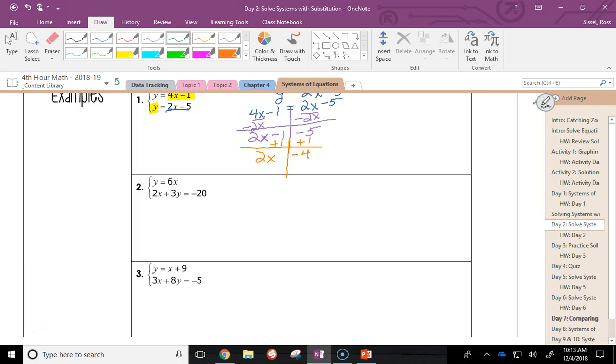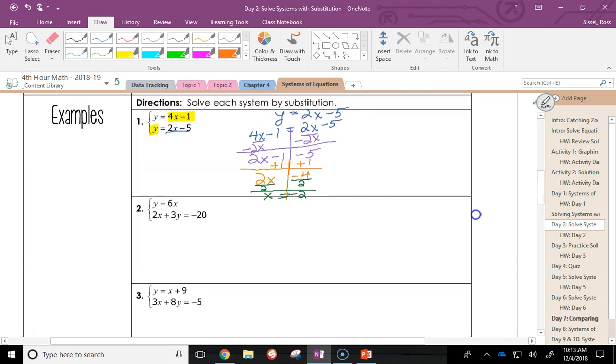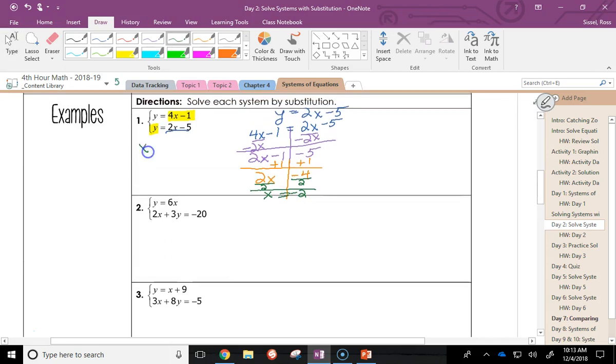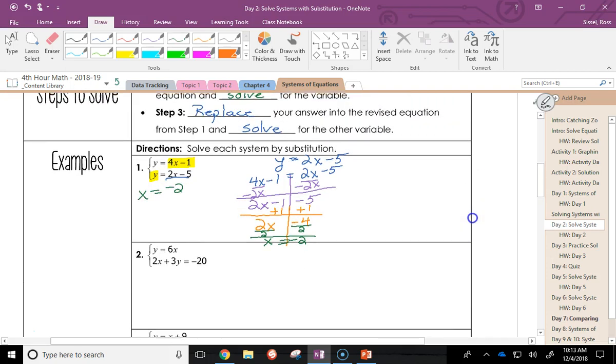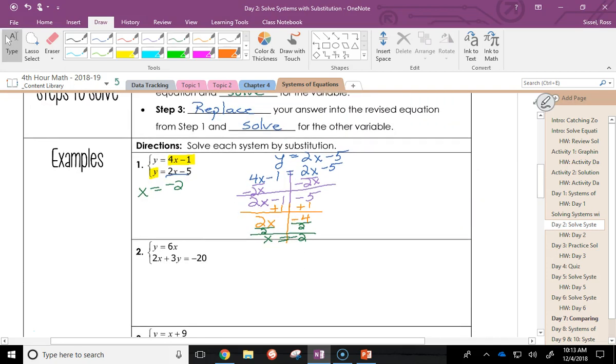Harrison? You divide 2x by 2. Good. Now that I'm multiplying my coefficient and variable, I'm going to multiply or divide. X equals negative 2. Cool. So I'm going to go over here and I'm going to write this down right now. X equals negative 2. That was step 2.